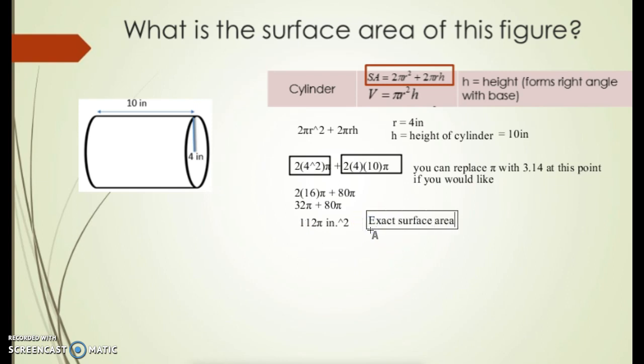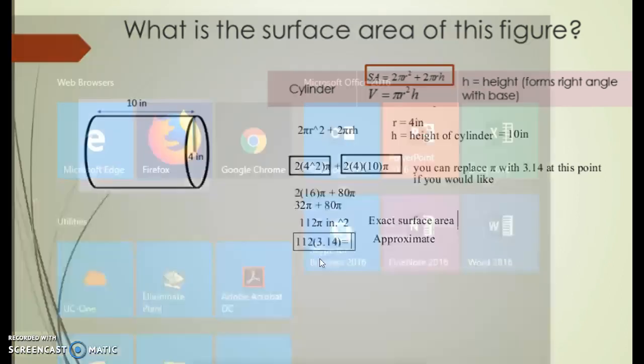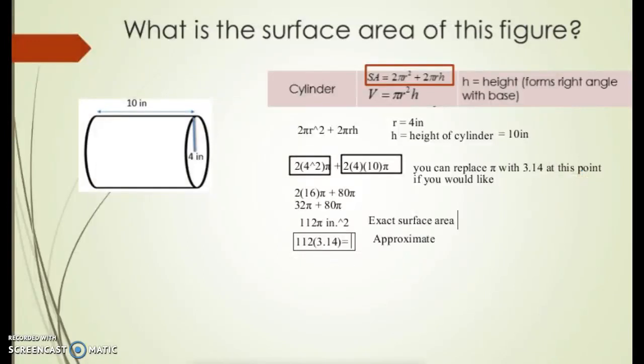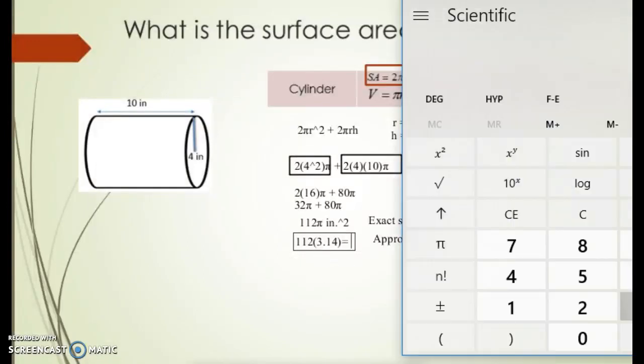If it was multiple choice, the question might tell you to find the exact, or it might tell you to find the approximate, or you can see based on what options you have. But in this case, I'm going to find the approximate, and I'm going to replace that pi with my 3.14. If you get your calculator and do 3.14 times 112, you get 351.68.